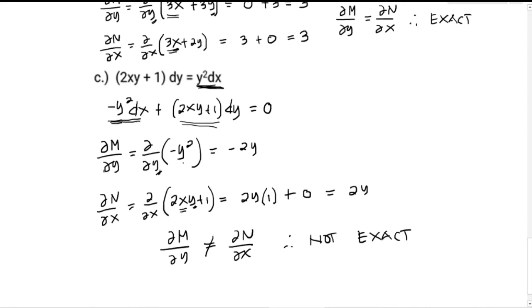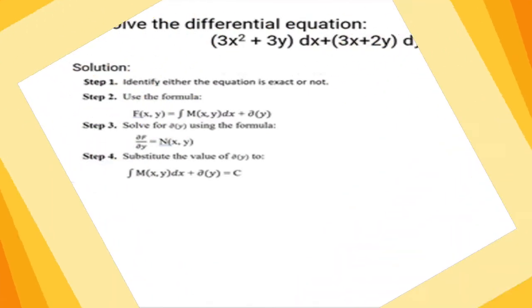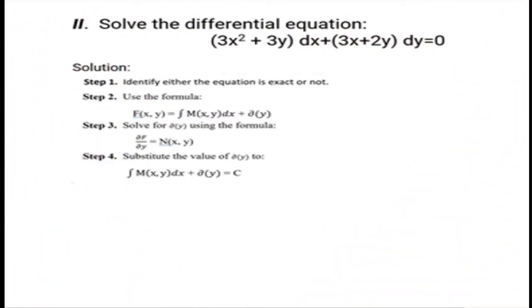And eventually, our partial derivative of M with respect to y is positive 2y, and you will get a mistake. So always be reminded that before getting the values of M and N, you should write the equation into standard form.